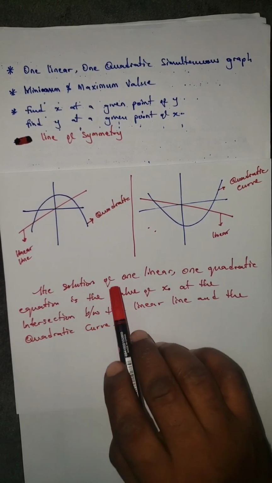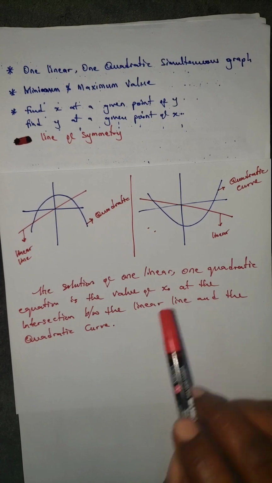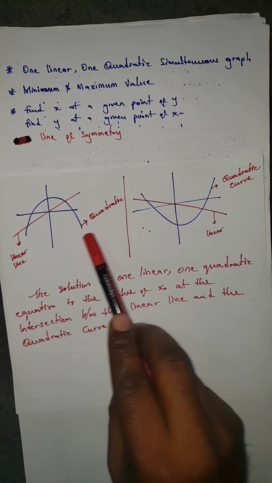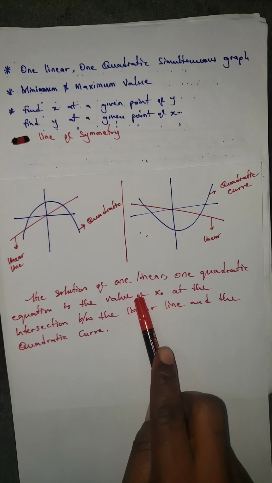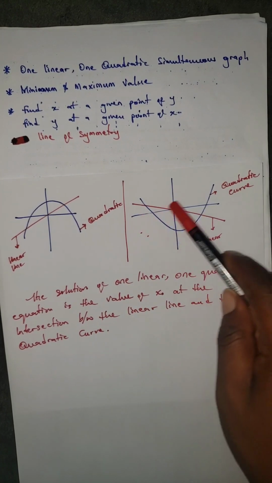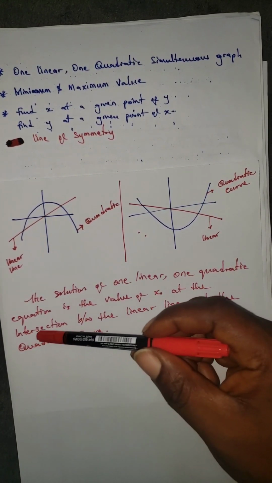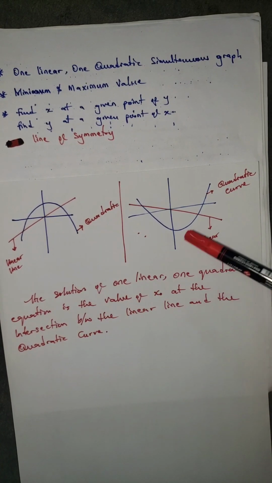So the solution of one linear, one quadratic equation using the graphical method is going to give you the value of x. So you find the value of x at the intersection between the linear line and the quadratic curve.